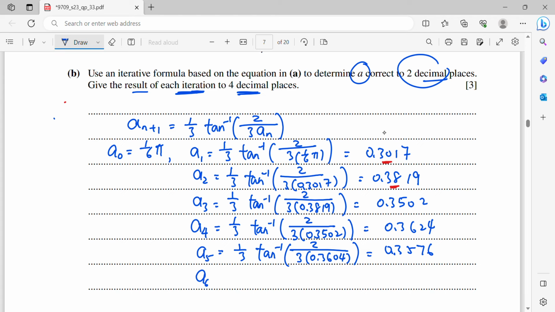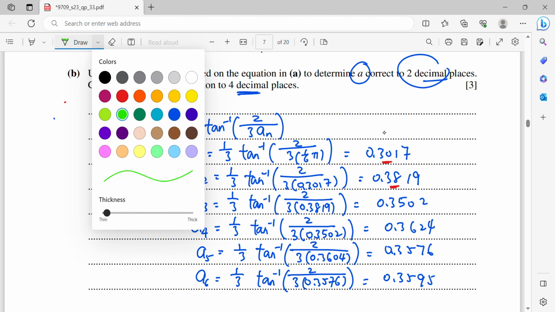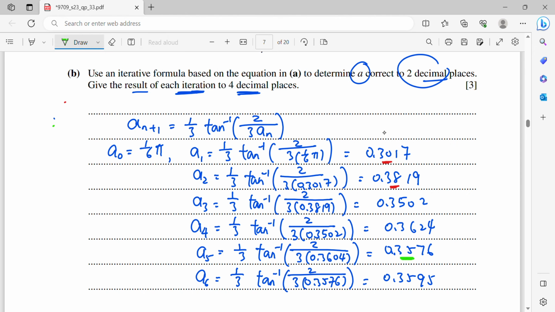So add one more calculation. 1 over 3 inverse tangent 2 over 3 bracket 0.3576, and now you get 0.3595. Okay, so when you look at here, 0.35, here's 0.35, exactly the same.